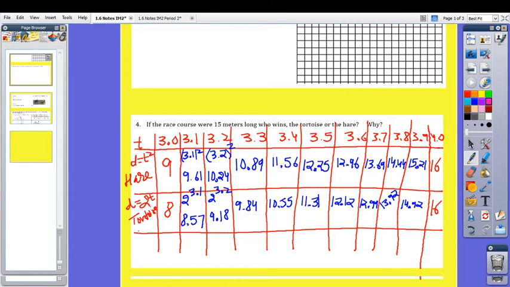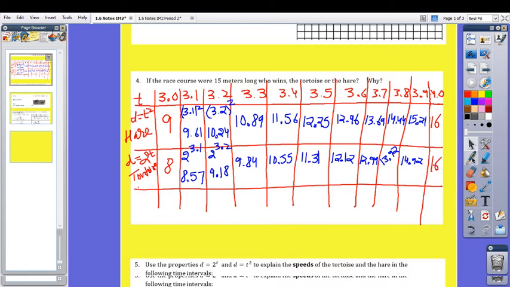Okay, so what I figured out when I filled this whole table is that when it was 3.8 seconds, the hare was at 14.44 meters and the tortoise was at 13.92 meters.